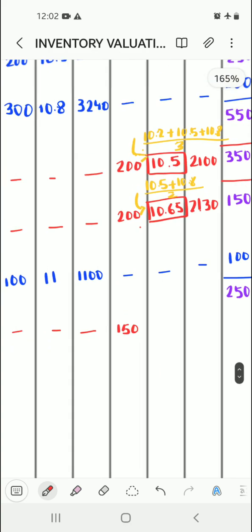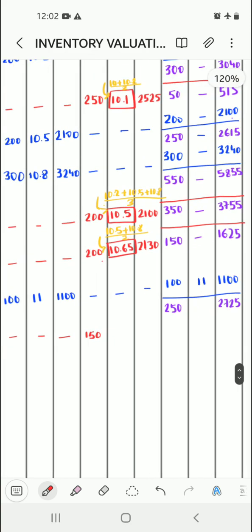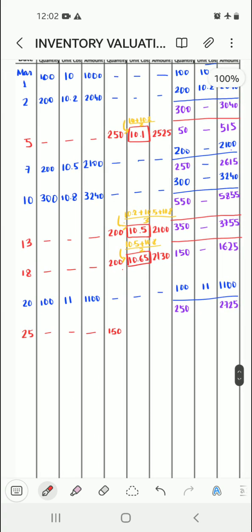Right now, the average price will be, previously the most recent lot that we have is 10.8 and 11. Because right now we are only left with 250 units, and this 250 consists of 100 from this lot and the rest from just its previous lot, that is the 10.8 lot.